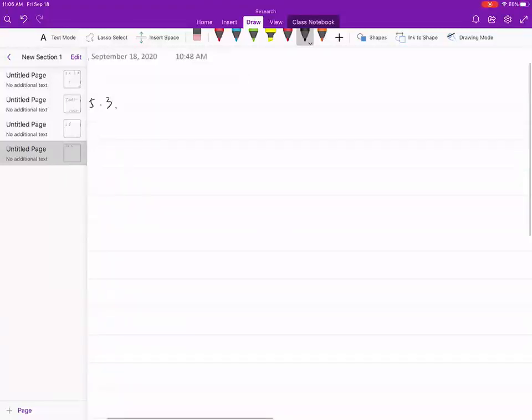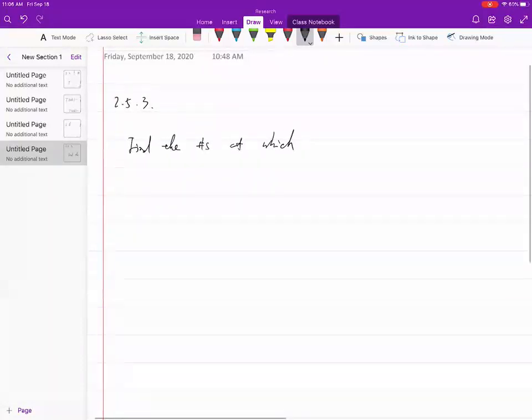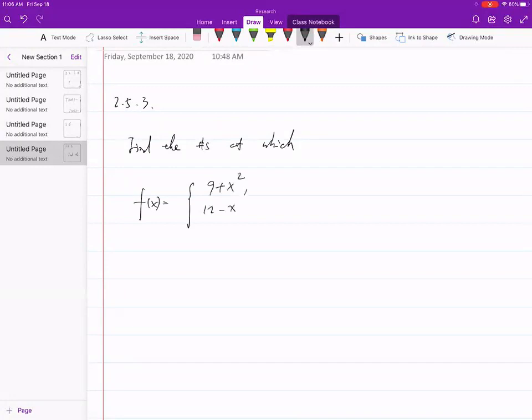Okay. So, find the numbers at which this is not continuous.